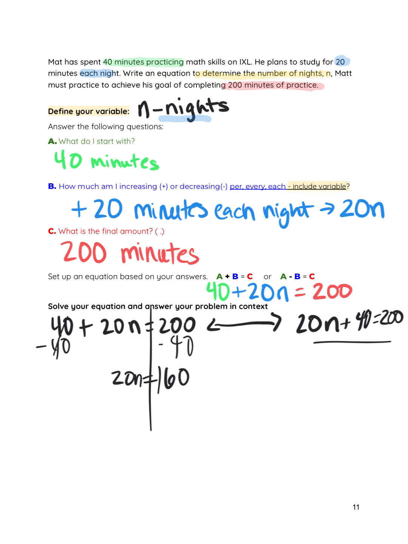Now, if I want to get the variable by itself, I'm going to divide both sides by 20. And I'm left with n is equal to 8. So what does that mean? It's going to take 8 nights. Make sure this is all in your notes before you move on to the next problem.